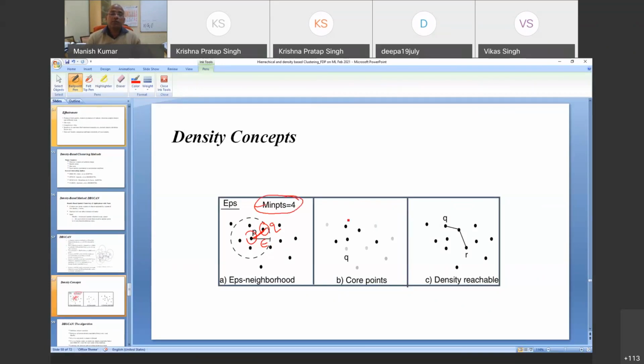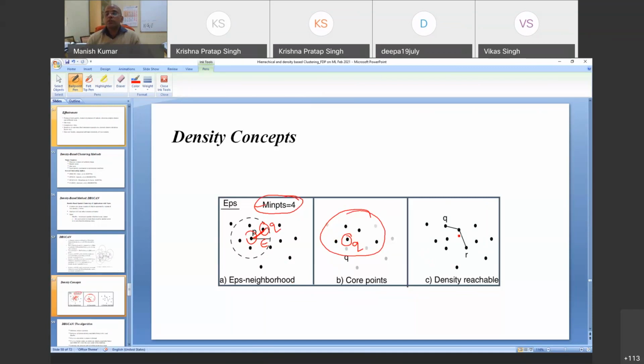So if within the epsilon, four or more points exist, then this particular point, whether Q or P, becomes your core point, or you can say the first level of clusters you are making. So this is an epsilon neighborhood, this is a core point.